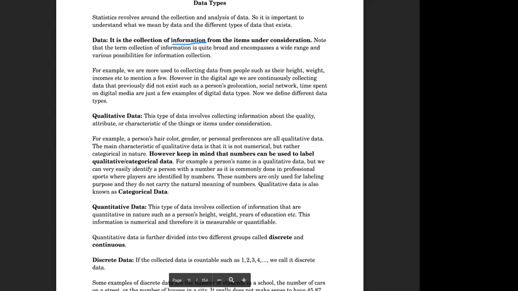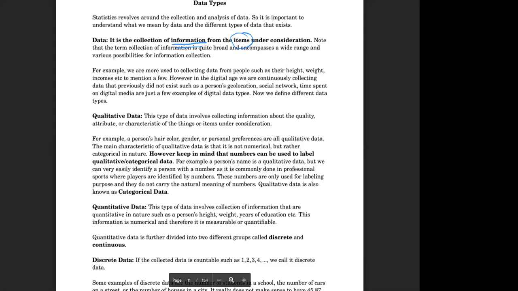So data is the collection of information from the items under consideration. And those items, the word items covers a broad range. It could be anything. It's not human beings only. It could be cars, trees, the stars in the sky, economic data, or stock market data. It could be anything under the sun or in the universe.